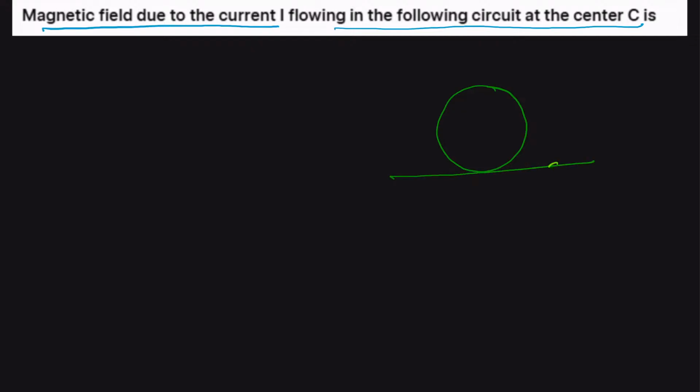Suppose the current flows in this direction, and this is center C. So we have a circular loop. Let us suppose the radius is R, and so our net field at C will be equal to field due to the loop as well as the field due to the wire.